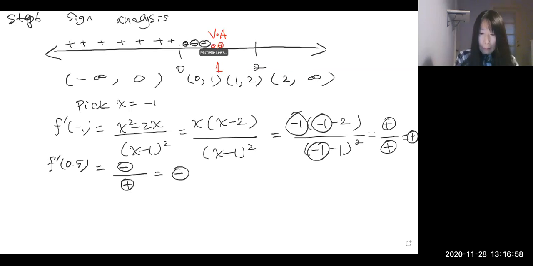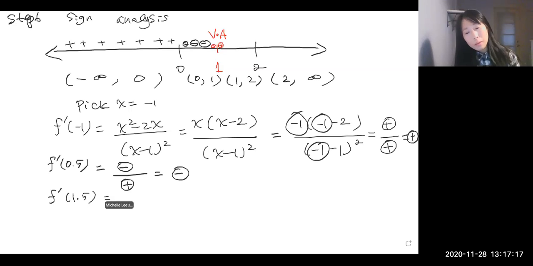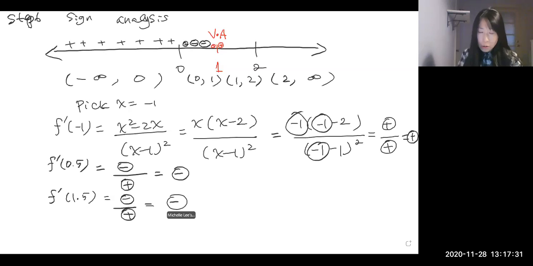Now, between 1 and 2, what do you want to pick? 1.5. With 1.5, the numerator is negative, and the denominator is always positive, so it's negative.